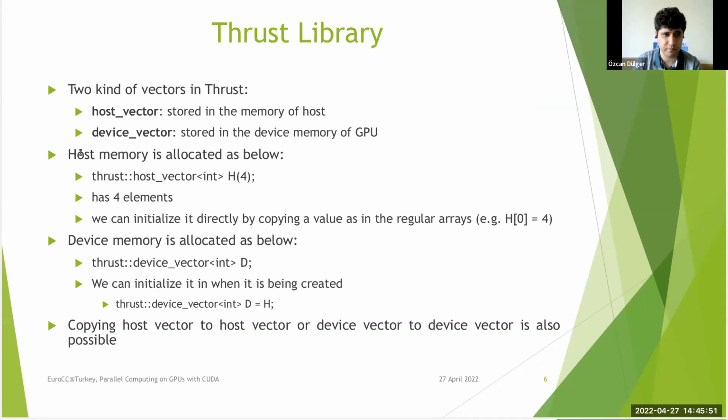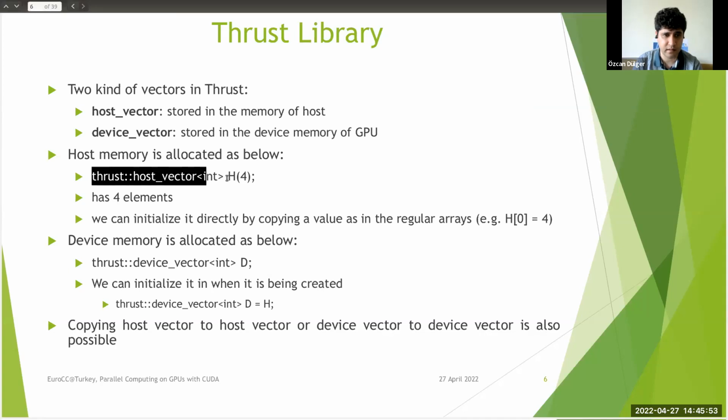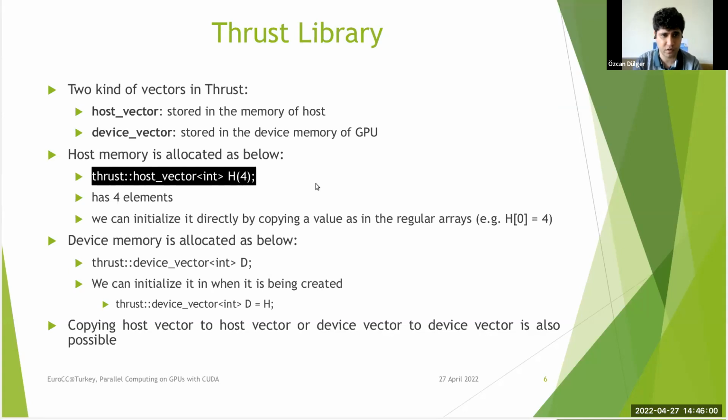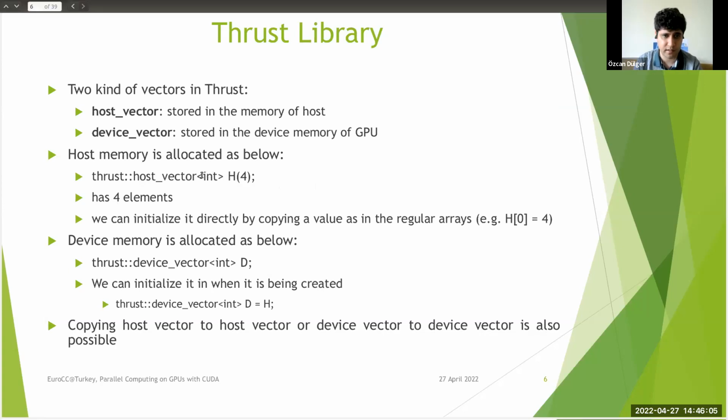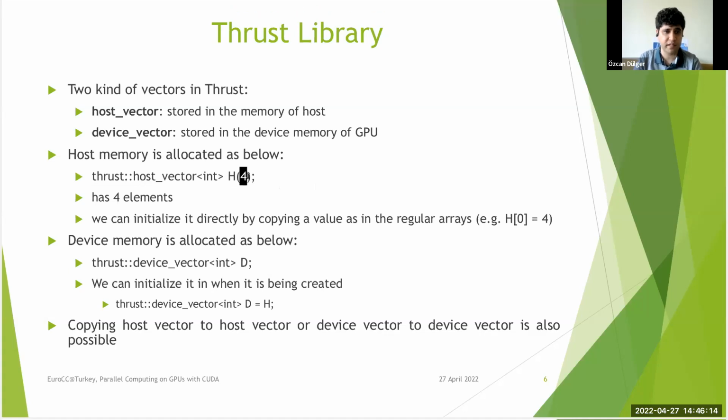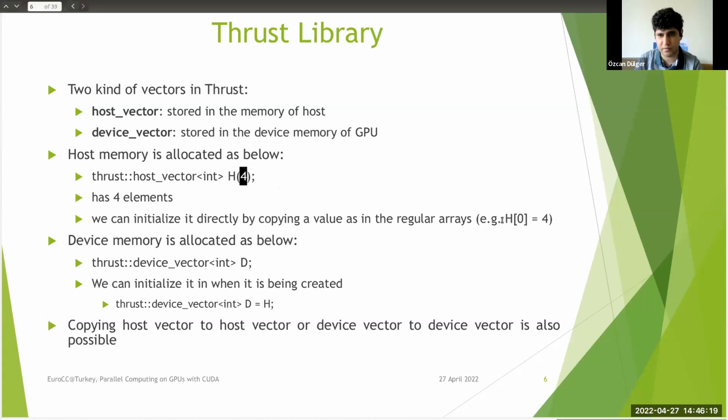The host memory is allocated as below here. We create a host memory by using host vector, entering the type here, and the number of elements of the array in the memory. It has 4 elements, and we can initialize it directly as in regular arrays.